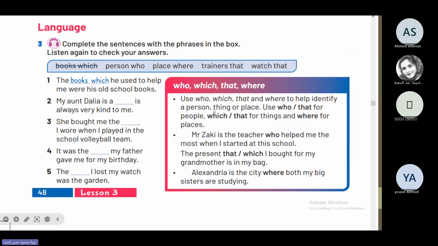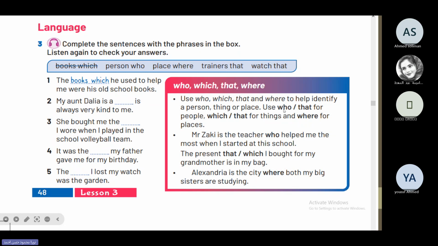Now we have a language rule here. It's the relative pronouns who, which, that, and where. Okay? When do we use who and which and that and where? We use them to identify a person, thing, or place.